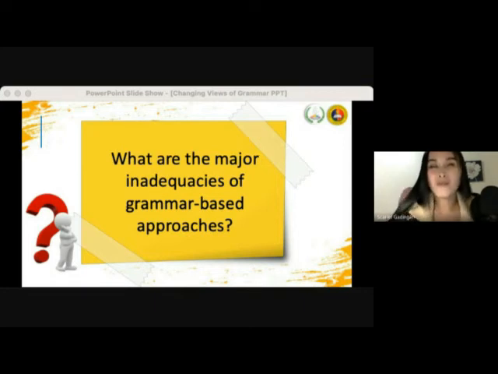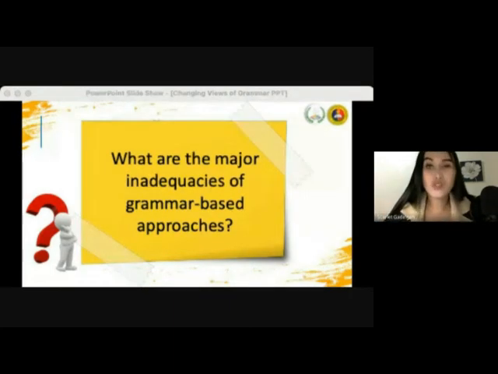Most of the advocates of this kind of approach view grammar teaching as a deductive and linear presentation of the rules. So when you say deductive, you have already learned that, and then the linear presentation, meaning to say it's really pasunod, okay?